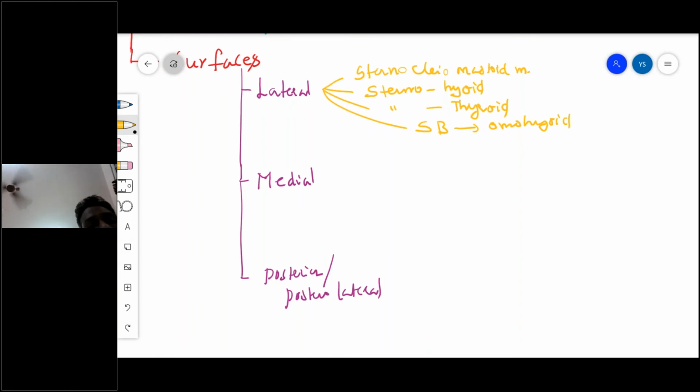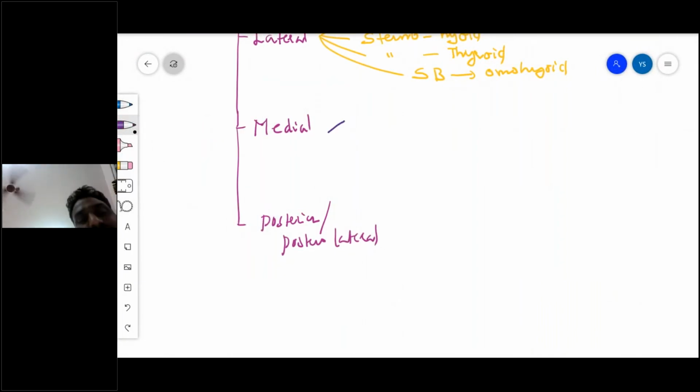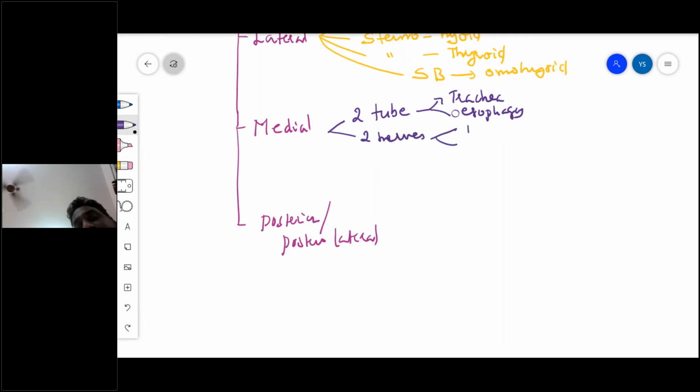The medial surface is related to two tubes. Name the tubes: trachea and esophagus. Then two nerves. Name the nerves: recurrent laryngeal nerve and external laryngeal nerve.